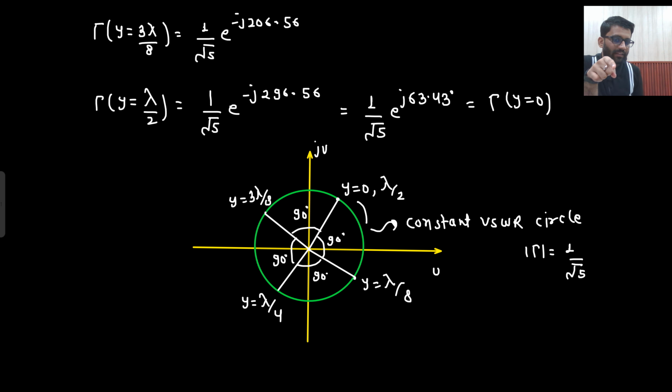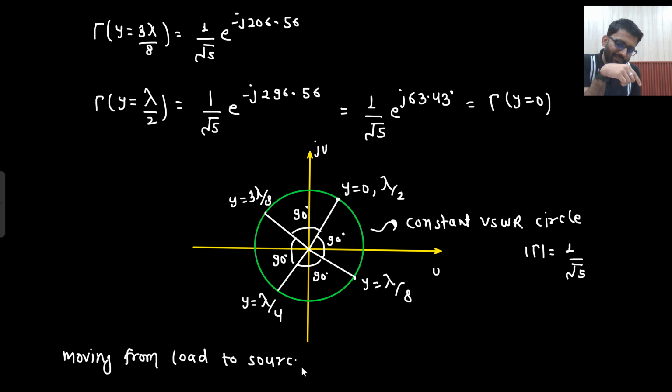When we are increasing the value of y, it is getting increased, that means you are moving from load to source. If I am moving from load to source, what is that equivalent to?